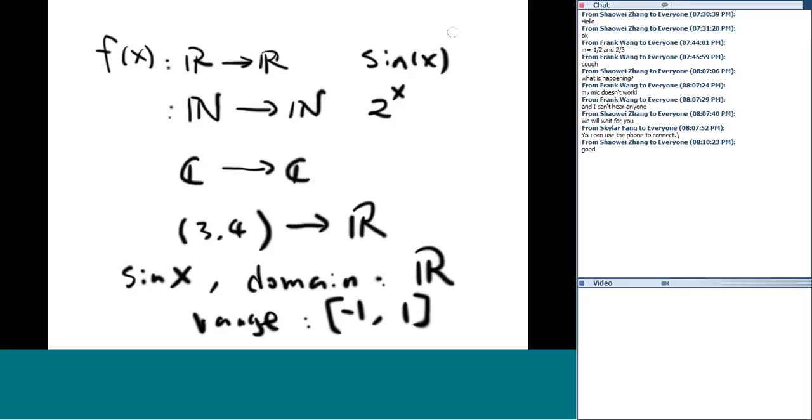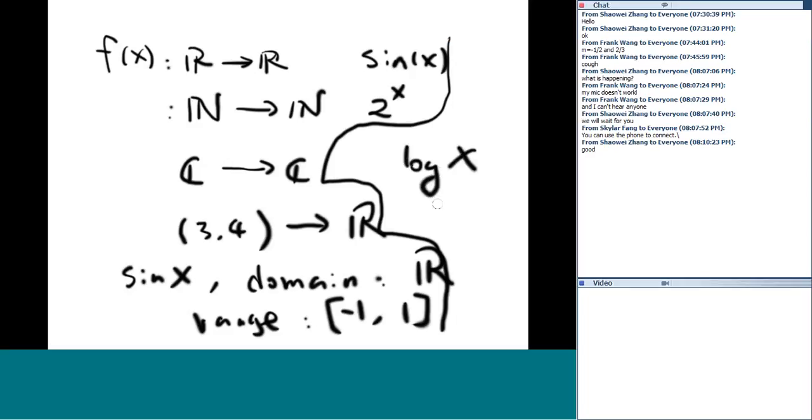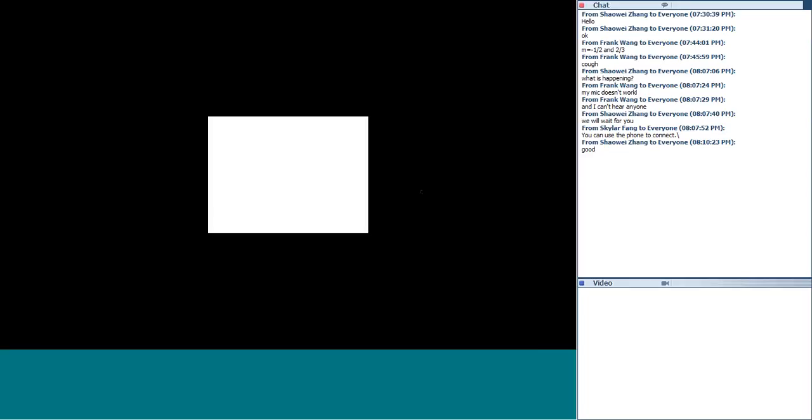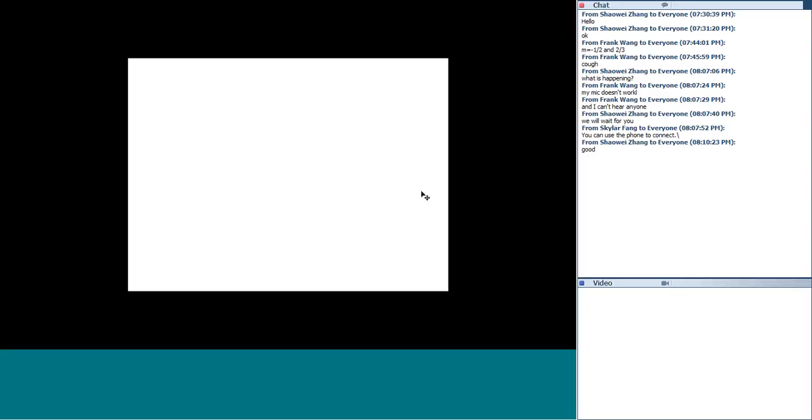Actually, in the entry test, you test a lot of log x. What is the domain of log x? 0 to infinity with 0 not included. So for log x, the domain is x greater than 0.